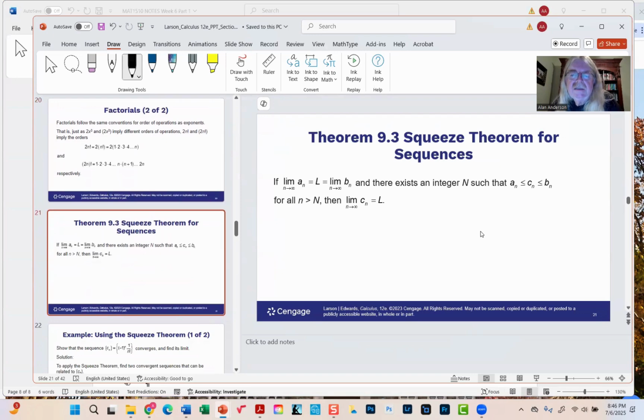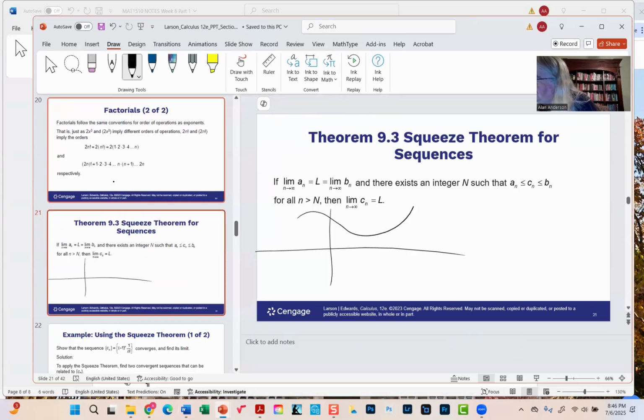And now the squeeze theorem, if you remember, is the one where, say you have f of x, g of x, and there's some function in between that's always in between.